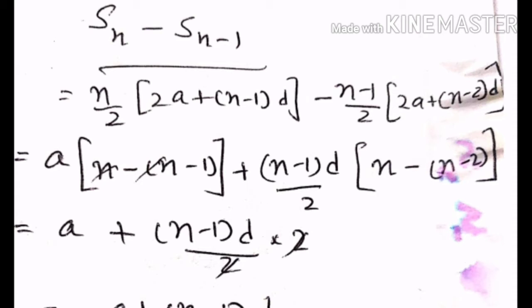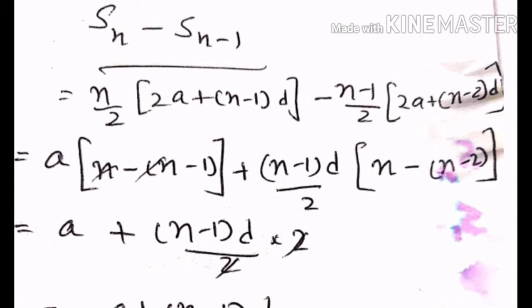Now from the first term a is common. So in the bracket we have, and that 2 gets cancelled, like 2a into n by 2. So that 2 gets cancelled and a is taken common. So (n minus (n minus 1)) a plus (n minus 1)d upon 2. This thing is common, so only n minus 2 in the bracket.